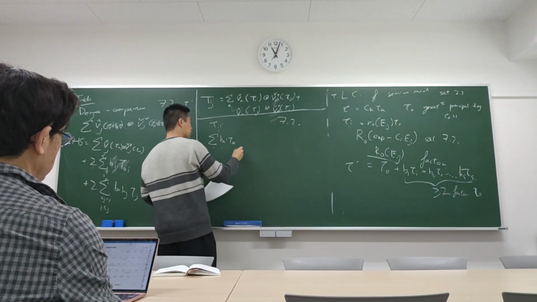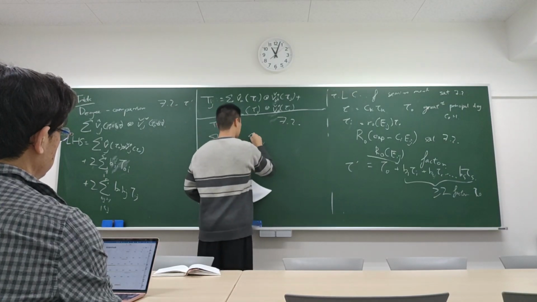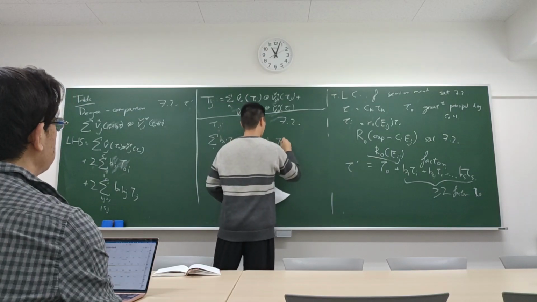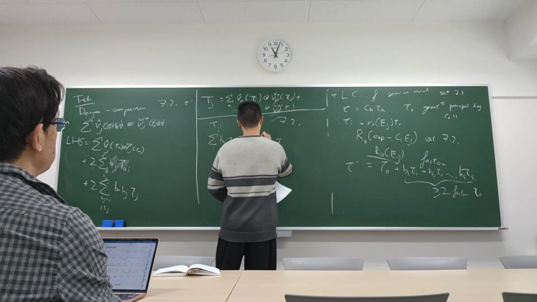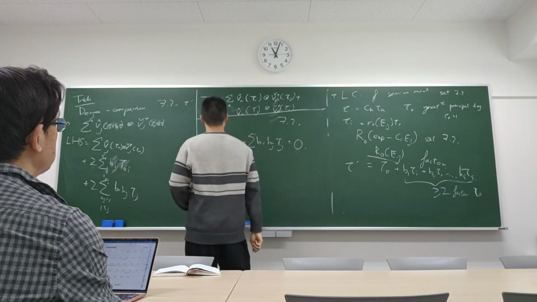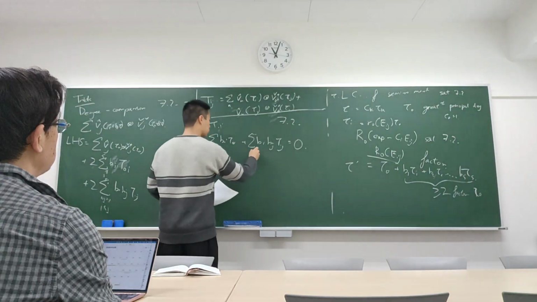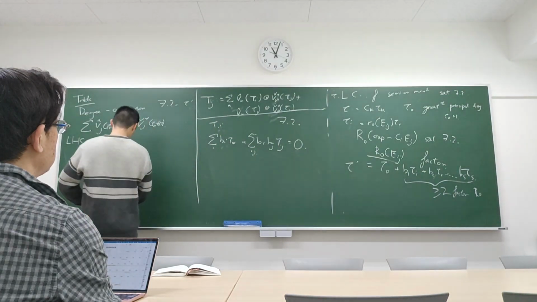So we have b_i tau_0i plus b_i b_j tau_ij, which is this thing here.